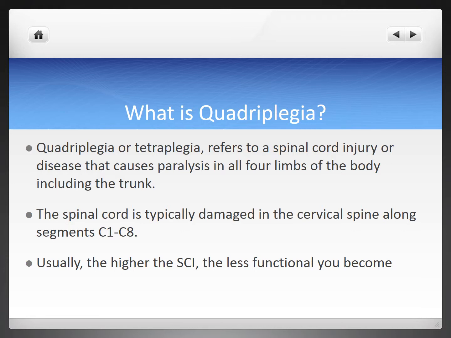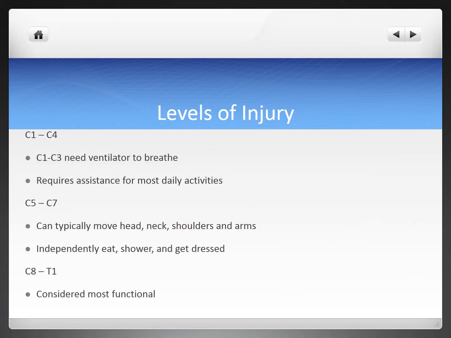Usually, the higher the spinal cord injury, the less functional you become. In quadriplegia, the level of injury is dependent on the location of the injury or disease. The higher up the injury, the less functional the person becomes. In vertebrae C1 through C3, individuals require a ventilator to help them breathe.